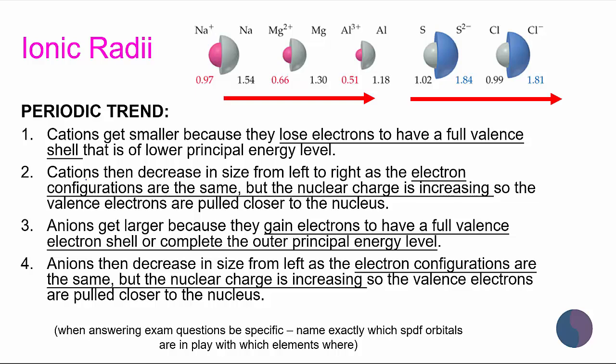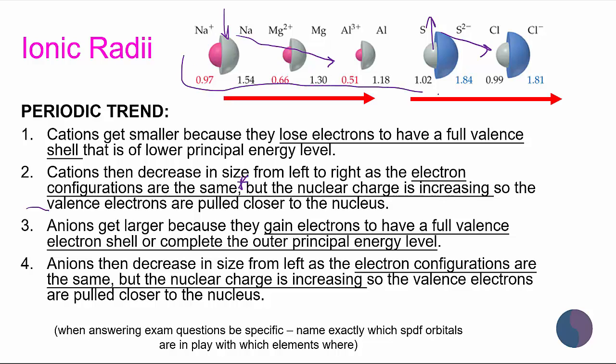So we've got two things going on. We've got a drop, and then a further drop, and then we've got a jump, and then we've got a drop. Cations get smaller because they lose electrons to have a full valence shell that is of a lower principal energy level. Then the cations decrease in size from left to right as the electron configurations are the same. That is unique. Don't mix that up.